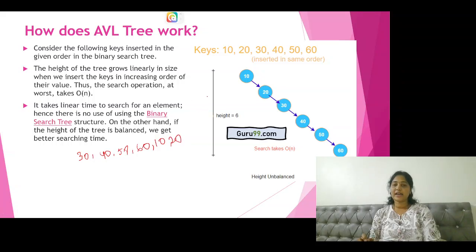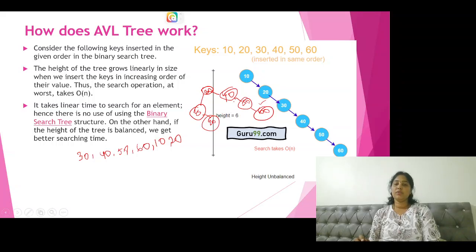Then we'll start with 30, and 40 is greater than 30, so it will be inserted on the right side, and 50 is greater than 40 so right side, and 60 likewise. 10 is less than 30, so it will be inserted on the left side, and 20 is less than 30 and greater than 10, so like this it will be inserted. Let's say if you want to search for the element 60, it takes 4 iterations, order of 4, right? If it is balanced, you can decrease the complexity of this.